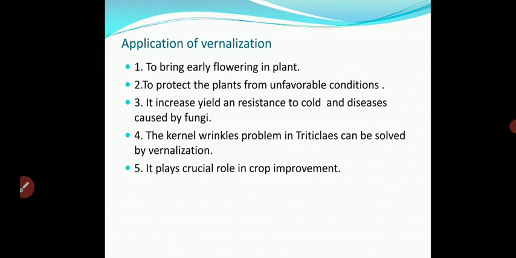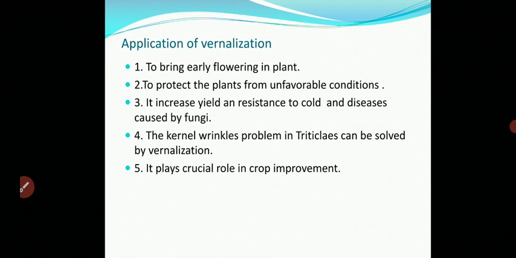Secondly, in photoperiodism, the stimulus is perceived by mature leaves; in vernalization, the stimulus is perceived by active meristem. Photoperiodism not only prepares the plants for flowering but also initiates flowering. Vernalization itself does not induce flowering but prepares the plant for flowering.